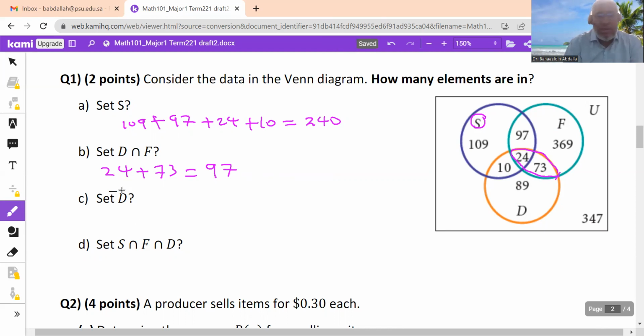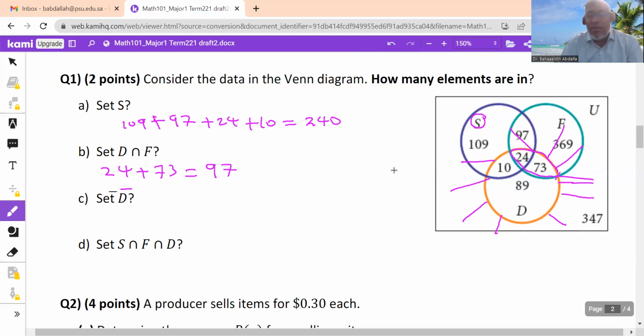Set D complement here. The element would be in D complement if it is not in D. So everything outside D would be in D complement. Either you add 347 plus 369, or you have the universal set total.